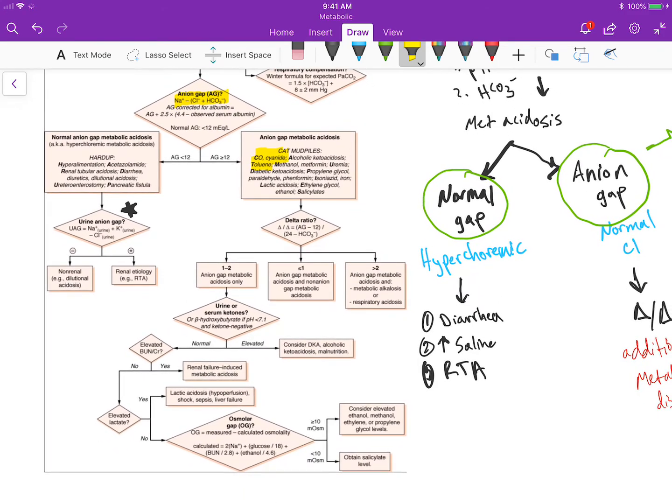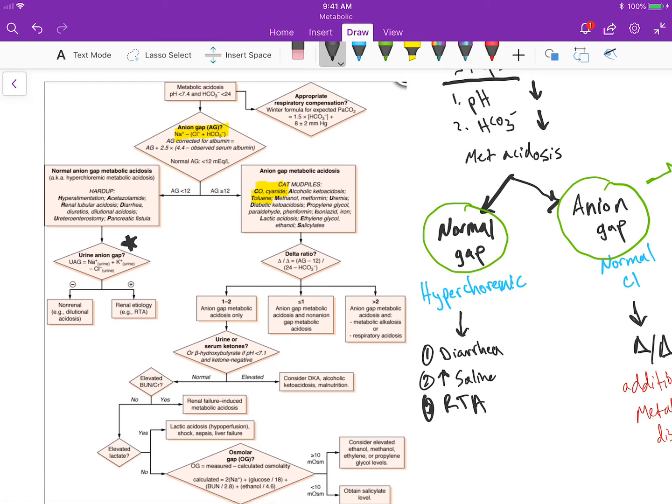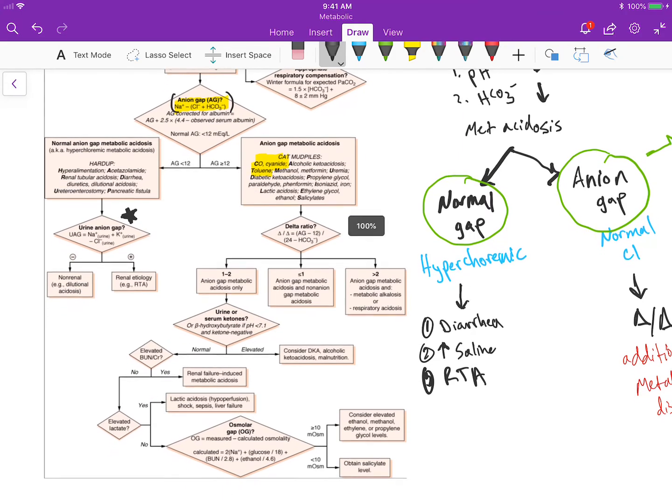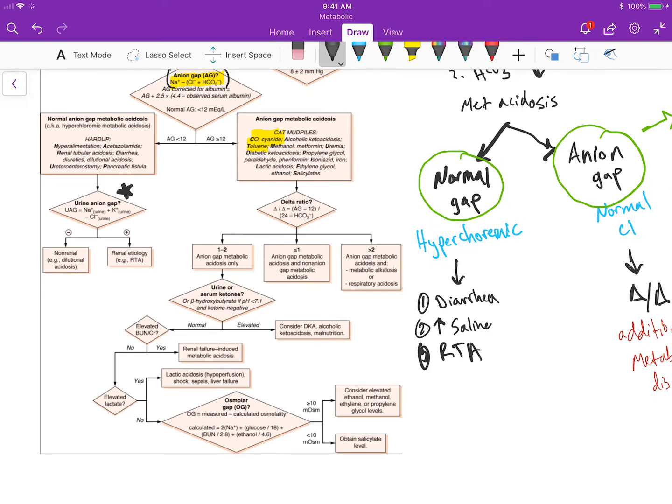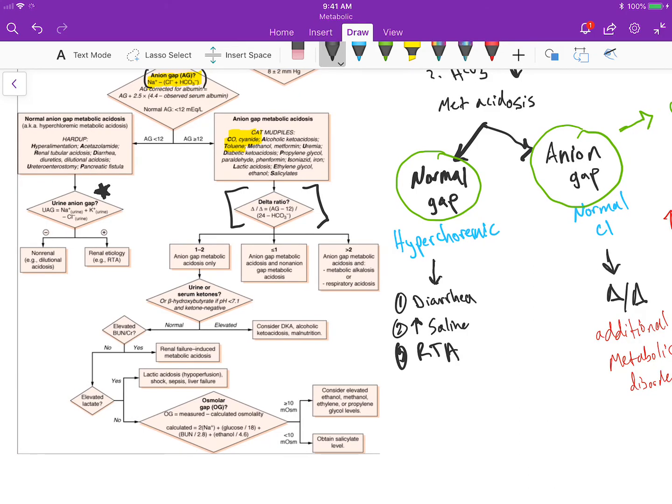Again, we've calculated the anion gap. We've identified the anion gap. Now we want to know if there's something else going on. That's when we apply the lovely delta delta here. I think it helps to understand the concept that we've already explained, that the change from baseline should equal each other given the electroneutrality principle.